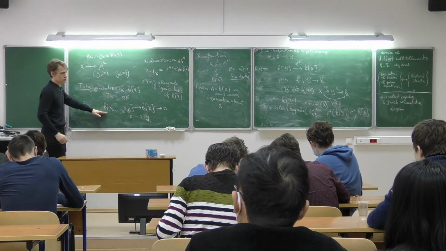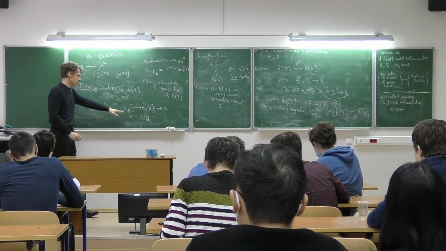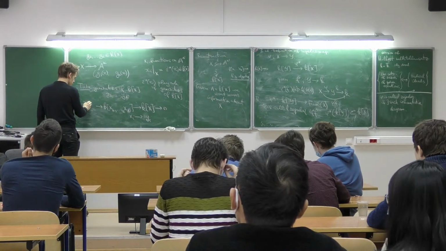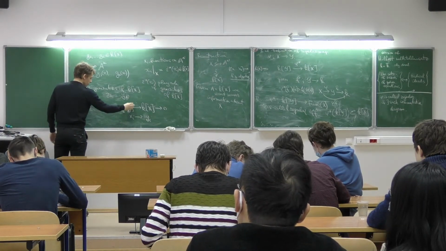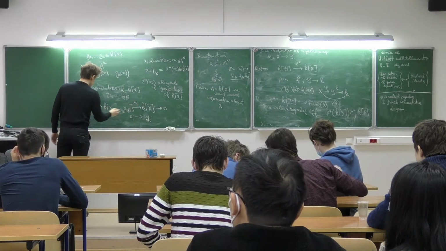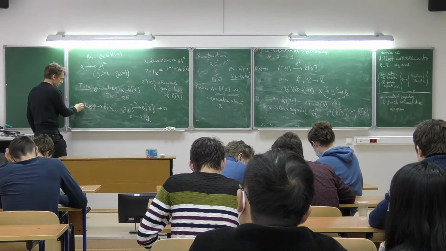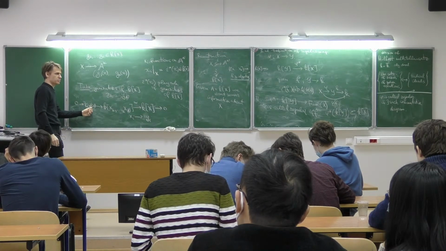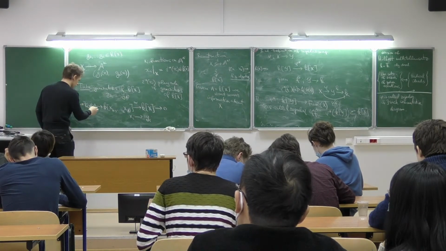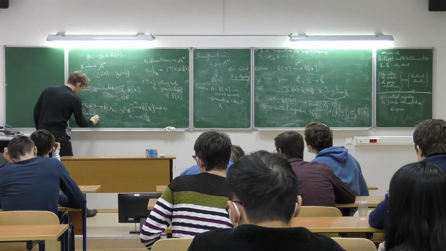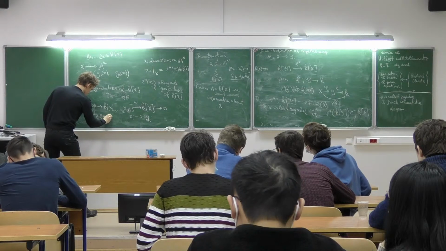And here, when you have the polynomial algebra, you have the kernel, the ideal, which is the kernel of this evaluation map. By Hilbert's basis theorem, this is a finitely generated ideal.